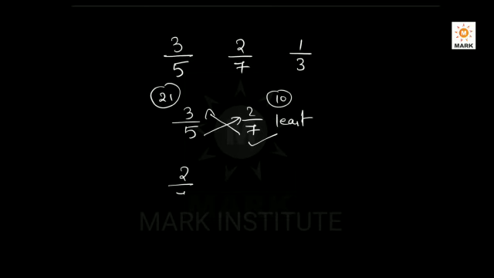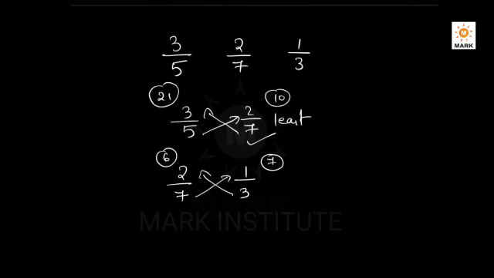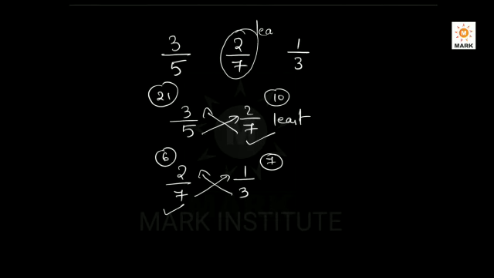Now again take 2 by 7 and put a competition with 1 by 3. 7 ones are 7, 2 threes are 6. That means 2 by 7 is least. So in these three fractions, 2 by 7 is the least fraction of all these three.